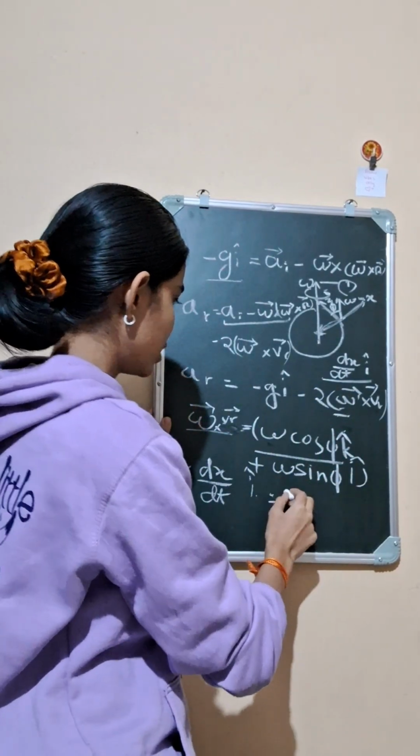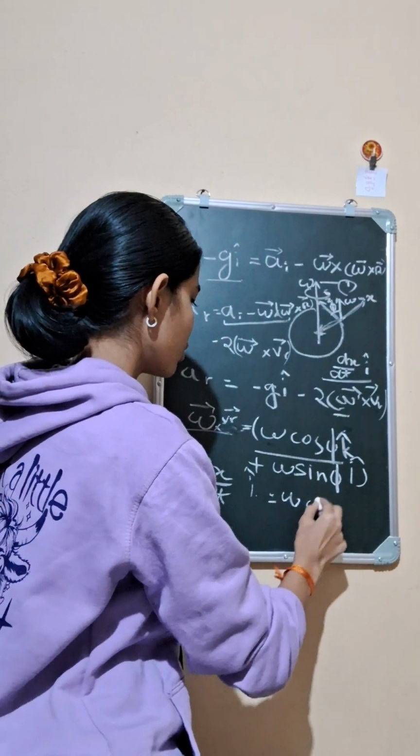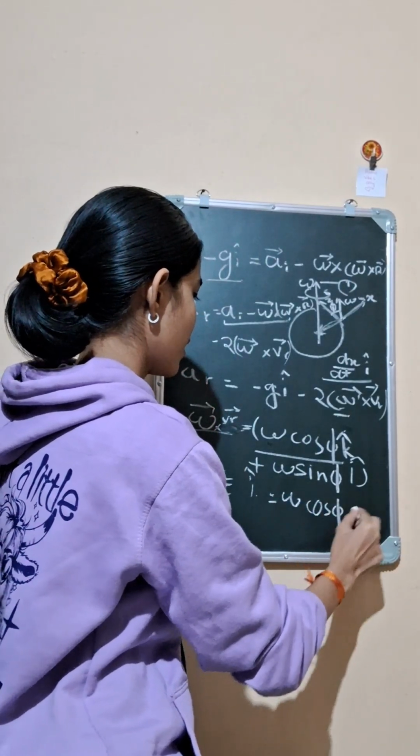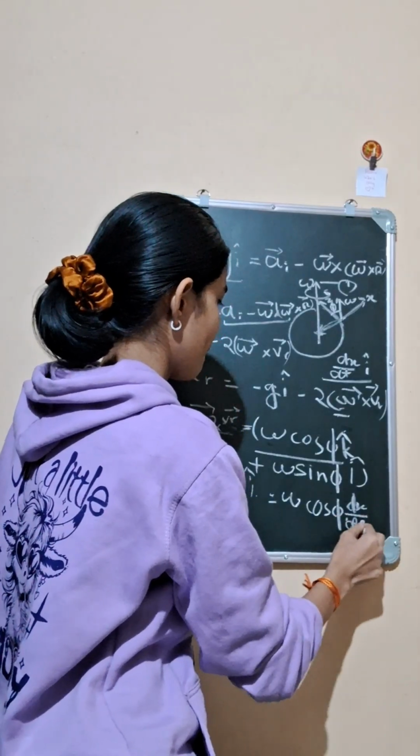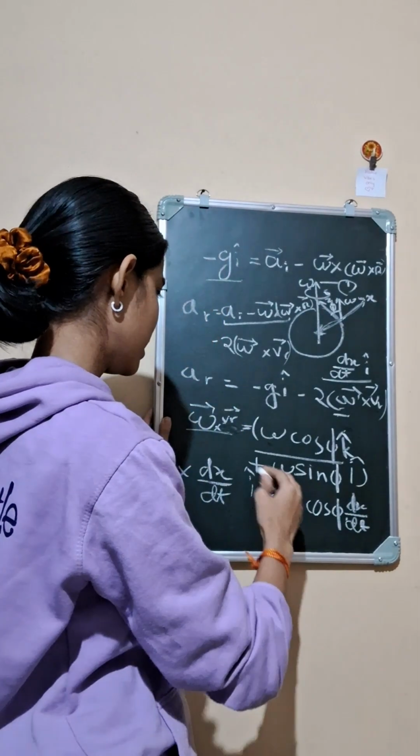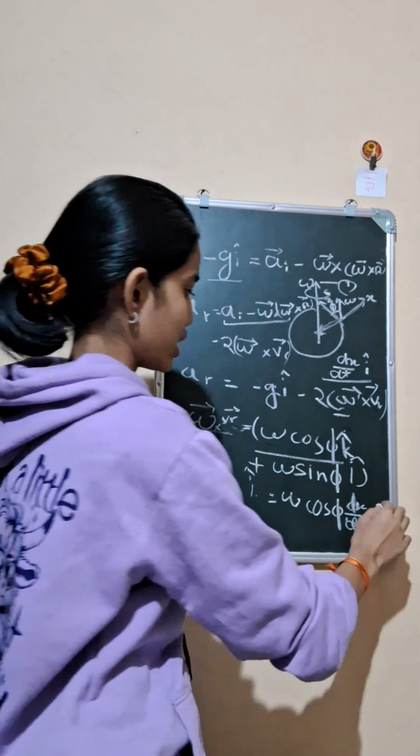So this will be equal to omega cos phi dx by dt, k cross i is j cap.